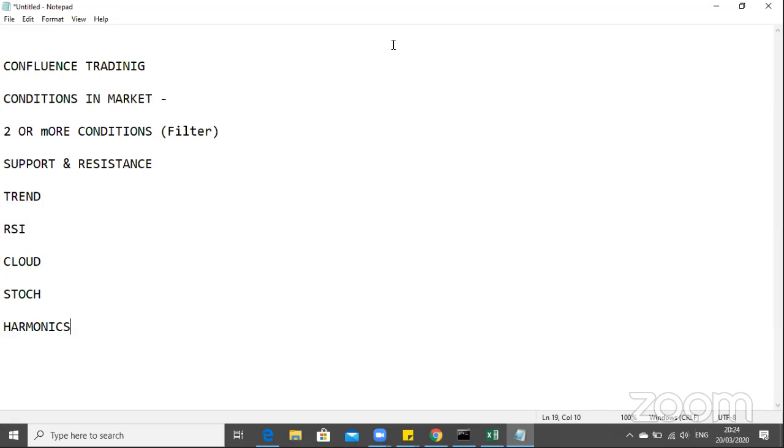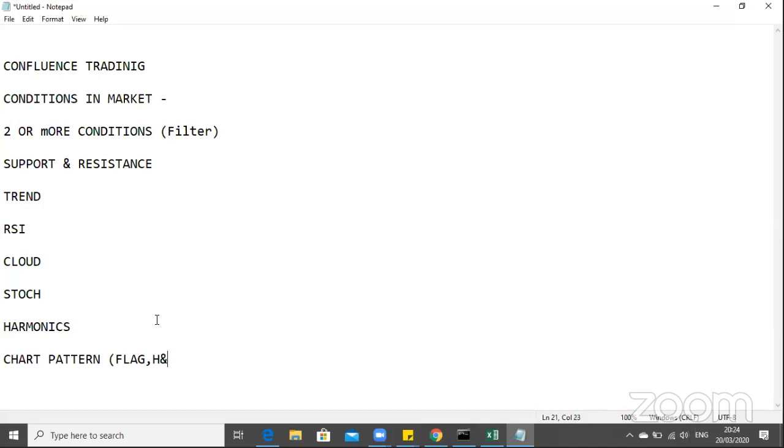So how do you do well in this market? You want to be able to have a blend of several conditions. If what I'm saying is clear, type in 111. Some people's condition is chart pattern. That's my favorite. What do you have in chart pattern? You have flag. You have head and shoulder.